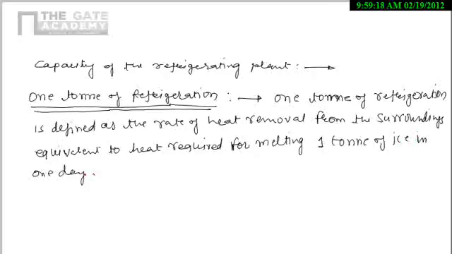I will again repeat the definition. 1 ton of refrigeration is defined as the rate of heat removal from the surrounding equivalent to heat required for melting 1 ton of ice in 1 day.